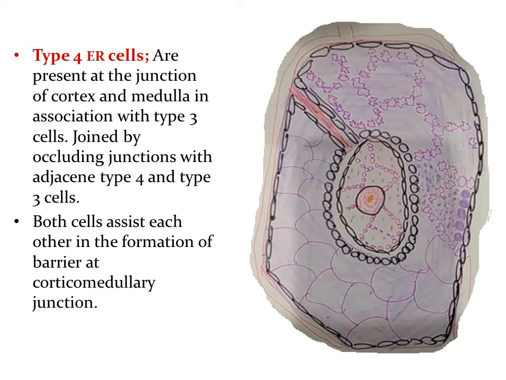The type 4 cells form occluding junctions among themselves and also with type 3, so they are tightly packed and a junction is formed. Both cells assist each other in the formation of the barrier at the corticomedullary junction.